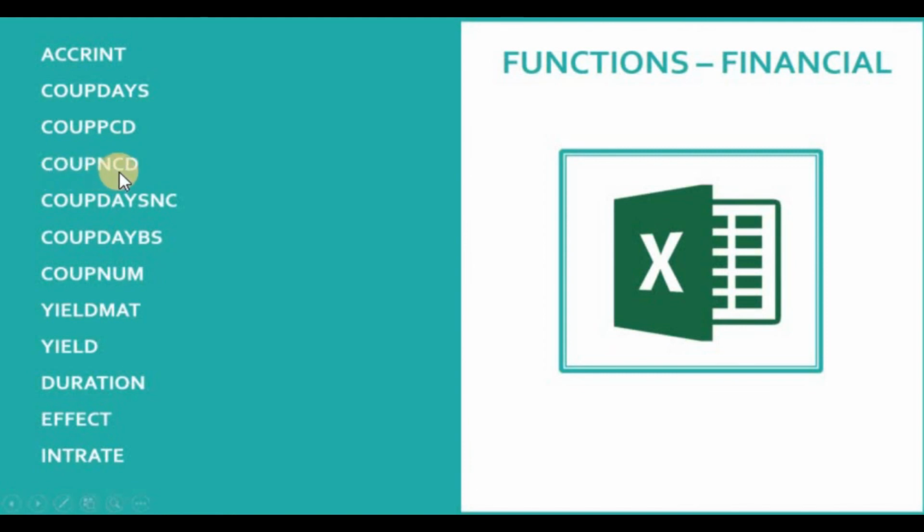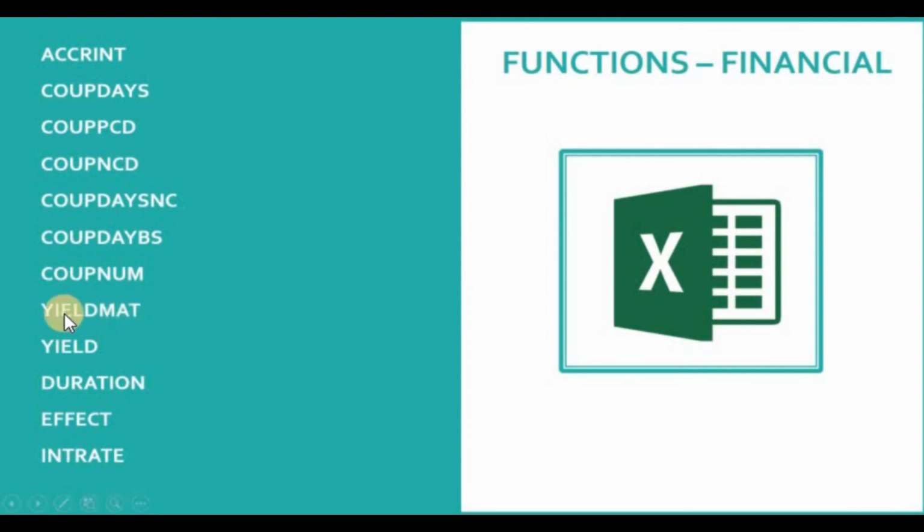COUPNCD is to arrive at the next coupon date or interest date. COUPDAYSNC is to arrive at the number of days between settlement date and next coupon date. COUPDAYBS is to arrive at the number of days between coupon date and settlement date. COUPNUM is to calculate the number of periods till maturity.